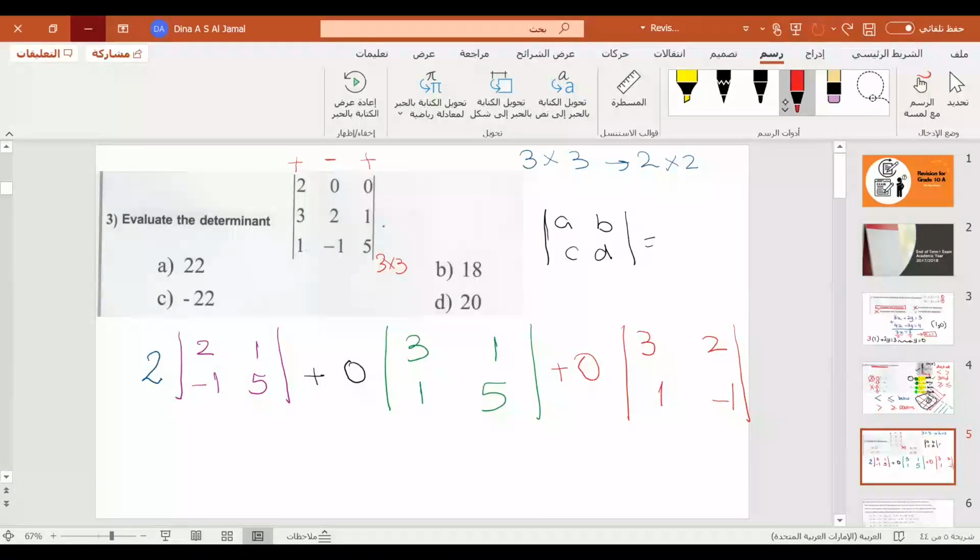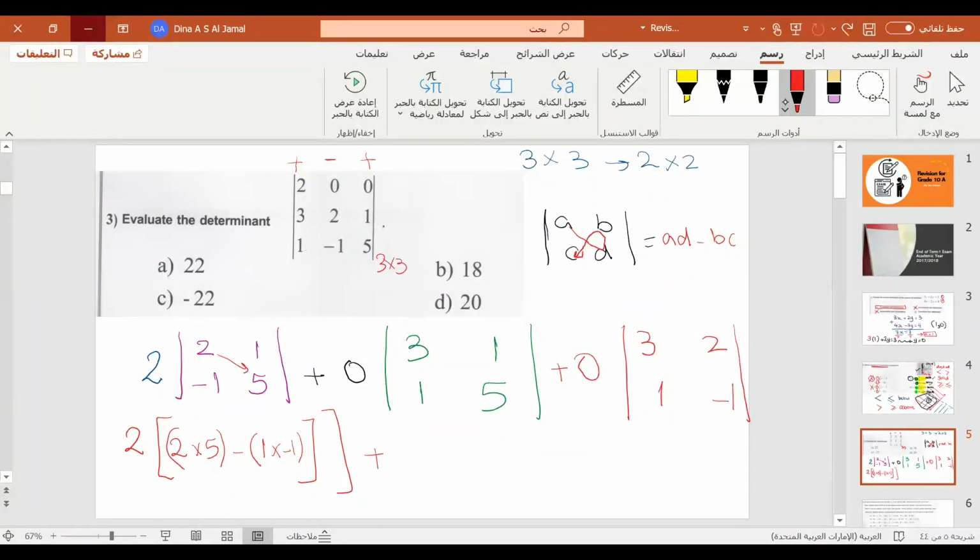I started from A, I went to D, minus B, I went to C. That means AD minus BC. So let's now do it together. 2, you will be multiplying 2 by 5 minus 1 by -1.